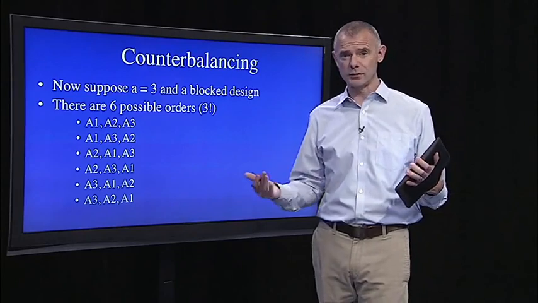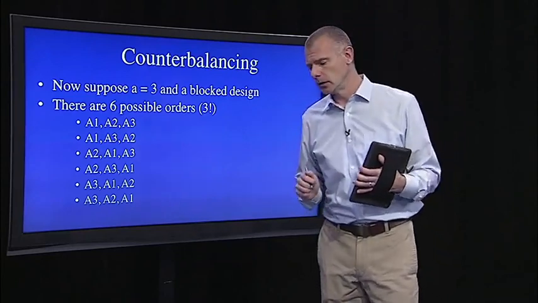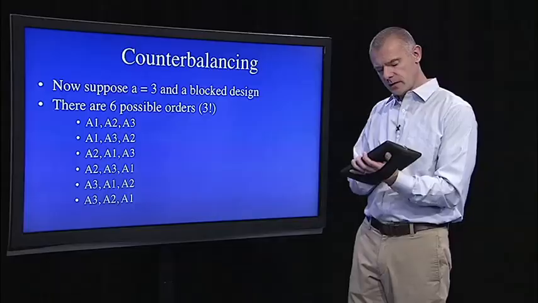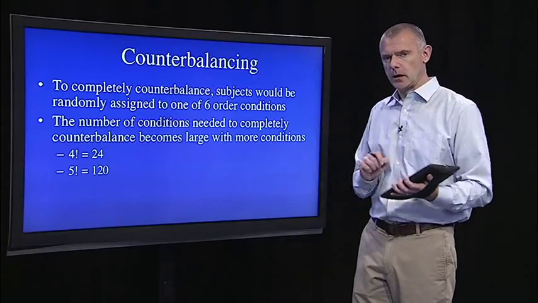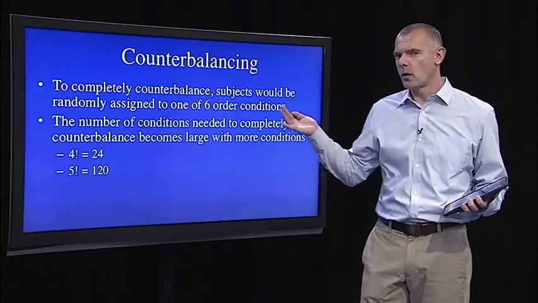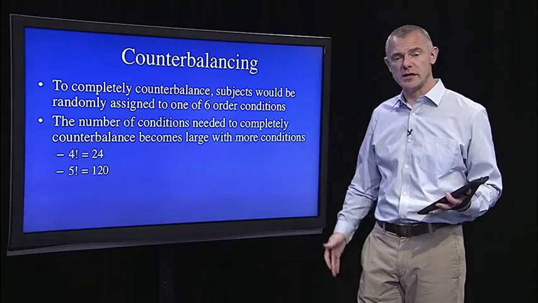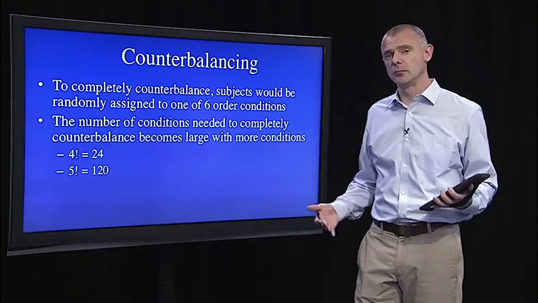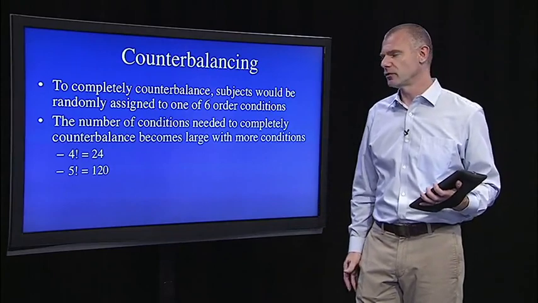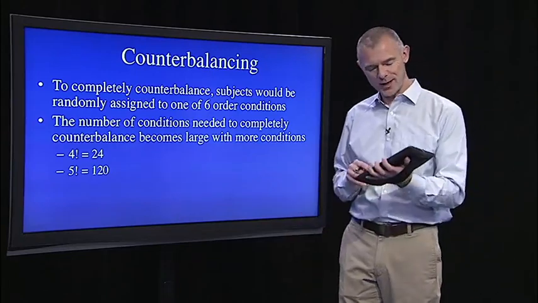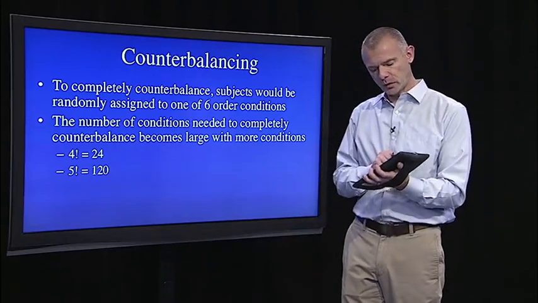And if you really wanted to assess the order effects, you'd have to have a large number of subjects in each cell, right? So now the benefits are starting to fall away. And this accelerates quickly. If you have 4 levels, then it's 4 factorial. You would need 24 different orderings to completely counterbalance a repeated measures design with just 4 levels. And if you had 5, you'd need 120. So that just becomes impossible.